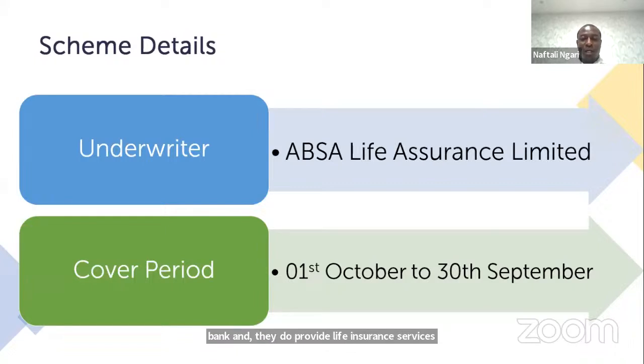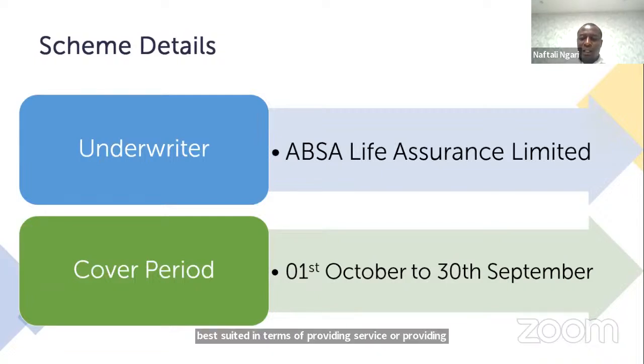So some may have heard of Absa Life, but I know people are more familiar with the mainstream insurance companies, for example, the likes of Jubilee, Britam, CIC. However, in terms of the dynamics of how this scheme operates, we did our market research and were able to identify Absa as the best suited in terms of providing this particular insurance.